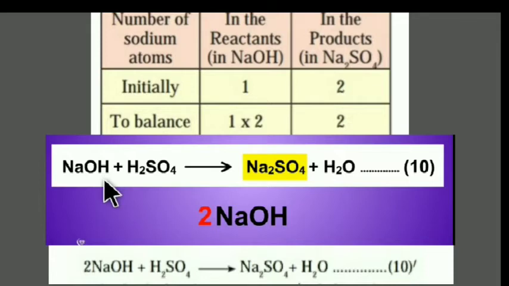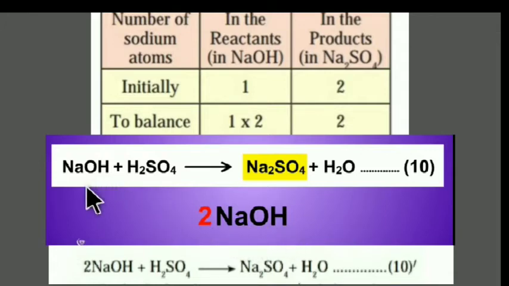Instead, a factor of 2 will have to be applied to NaOH. Hence, to balance, we can apply 2 as a factor. Hence, we can write the equation. Here we give 2. There is no change in the formula of NaOH.